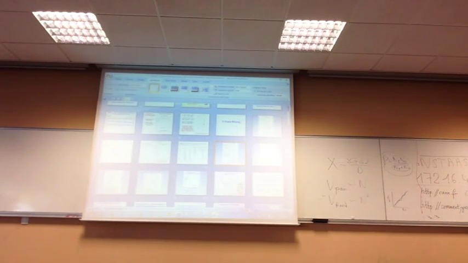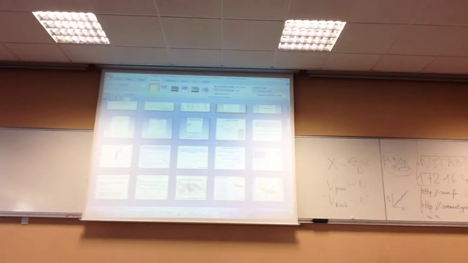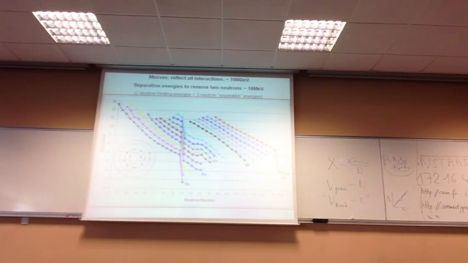Okay, and that's one of the main features of the pairing, to smooth it. And we talked about something very similar. Remember those two guys going off there? When we talked about 2 nucleon separation energies.